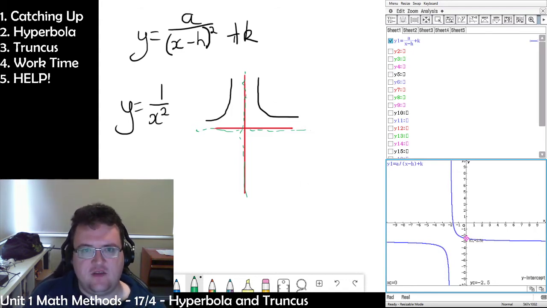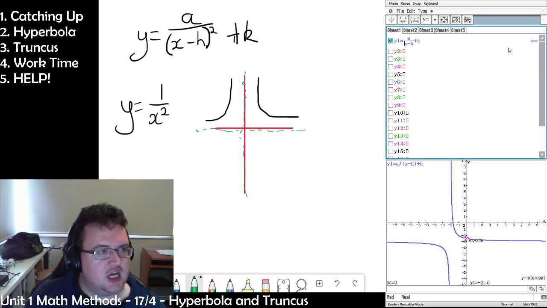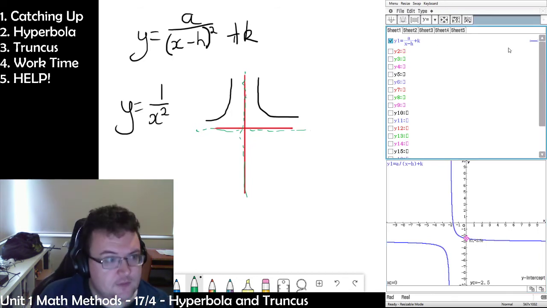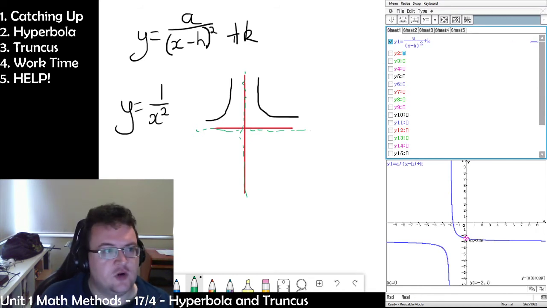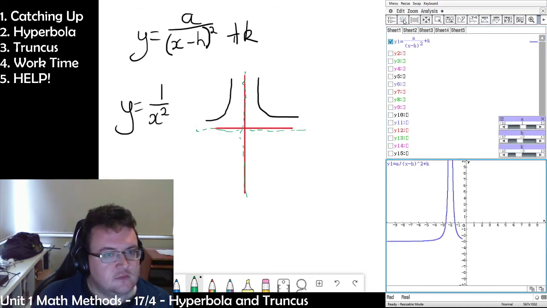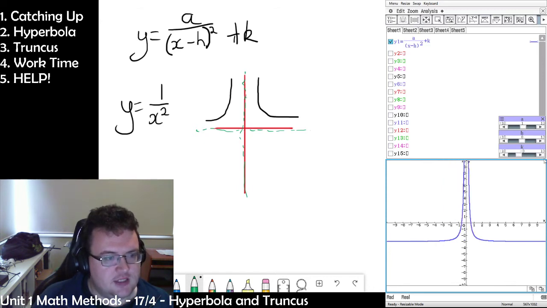And we can see that if we go over to our CAS. I'm now going to change my graph to a truncus, and go back to 0 and 0.